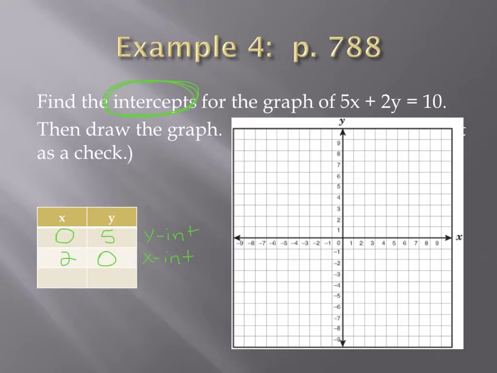So 0, 5, and 2, 0. And then we're going to find a third point just to check it and make sure it lines up with those 2 points. Because if I just do 2 points, I'm going to have a straight line. So the third point tells me that it's the correct straight line.